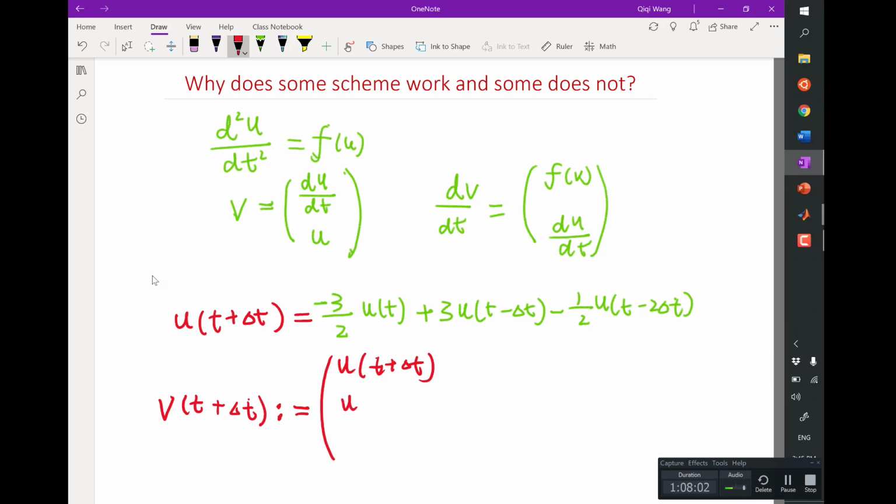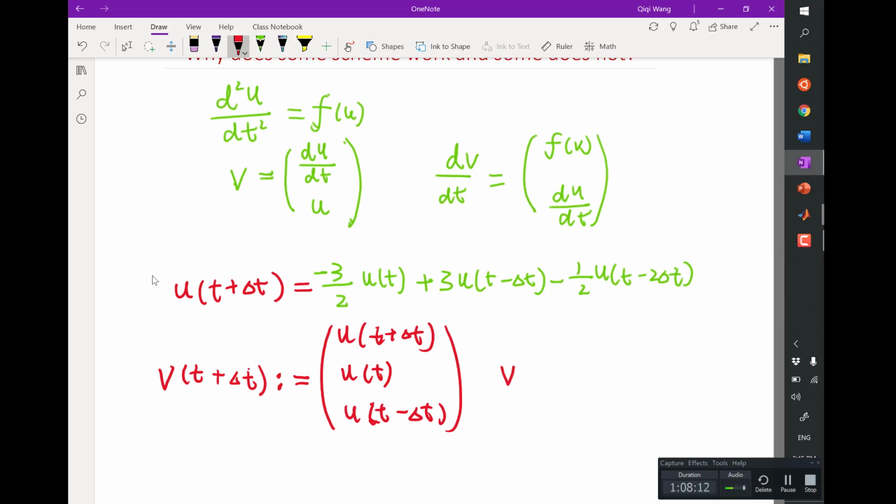It also contains u at t and u at t minus delta t. Okay? Which means that my v at t, the previous v, would include u at t, right? Every time it's shifted by delta t, right? u at t minus delta t and u at t minus 2 delta t.